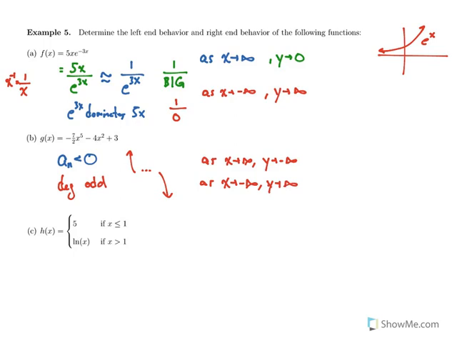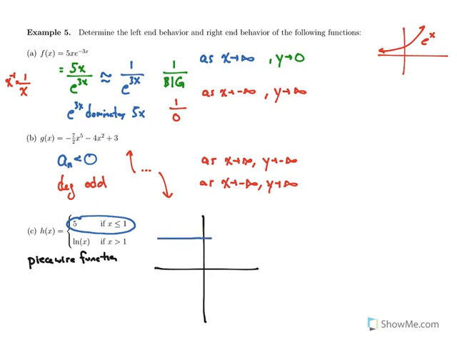Lastly, another kind of function we haven't touched on yet is a piecewise function, a function made up of different pieces. And let's just graph this function to understand what's going on. So it says when x is less than or equal to 1, h of x is just equal to the constant function 5.